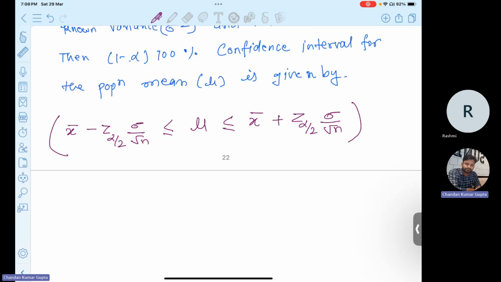So this mu lies within x bar plus or minus z alpha by 2 times sigma by root n.